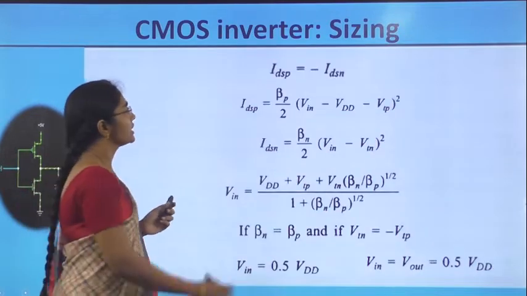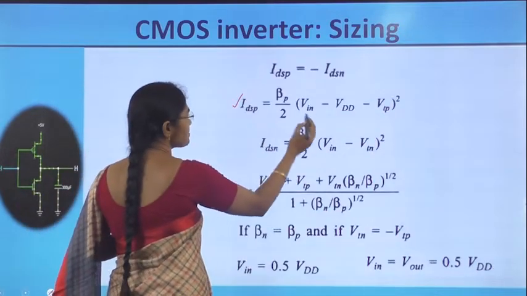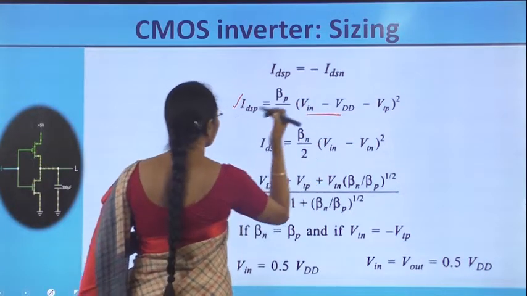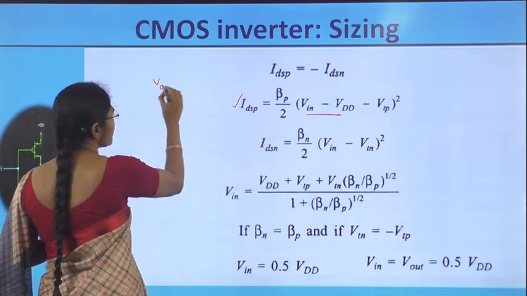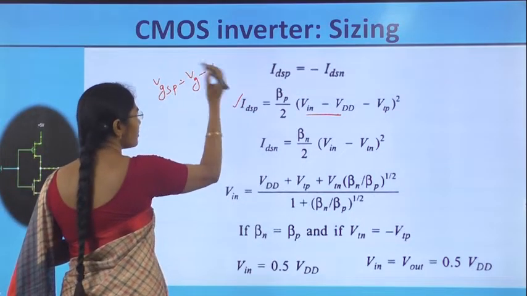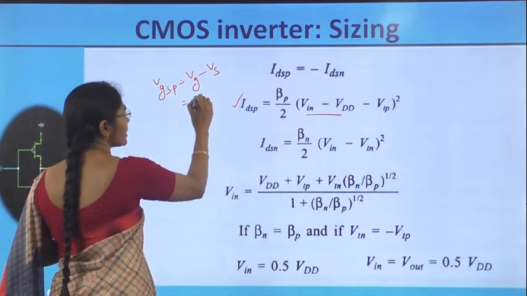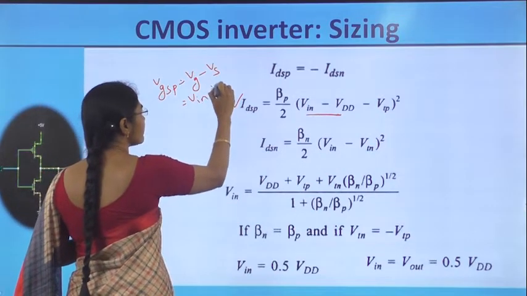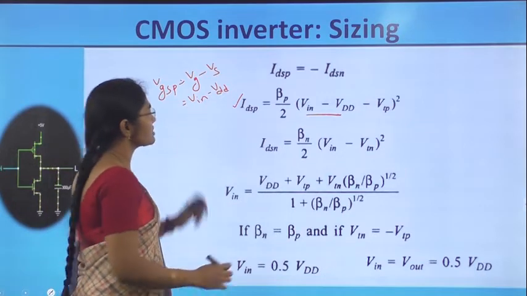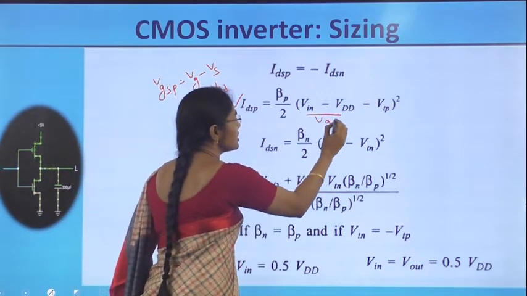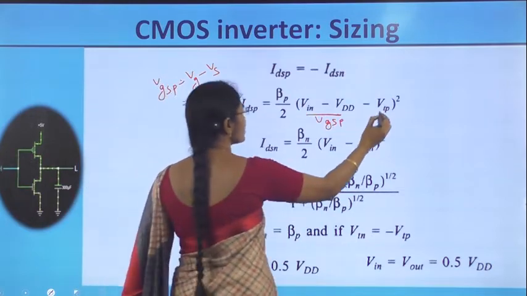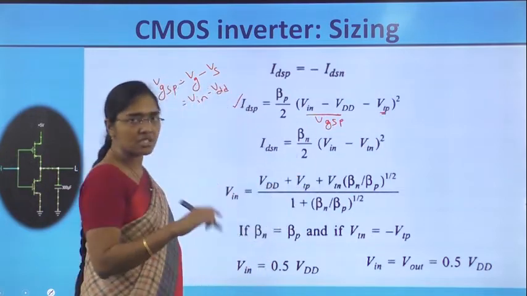So, IDSP first. IDSP is written in terms of VGSP minus VTP. VGSP is equal to what? VG minus Vs of the PMOS. At VG we have connected Vin. At the source we have connected VDD for the PMOS transistor. So, Vin minus VDD is the VGSP for the PMOS transistor, minus VTP, the threshold voltage of the PMOS transistor.